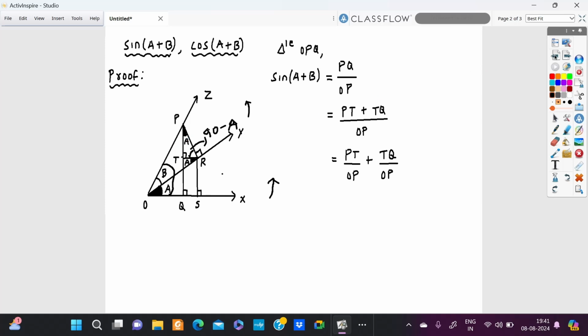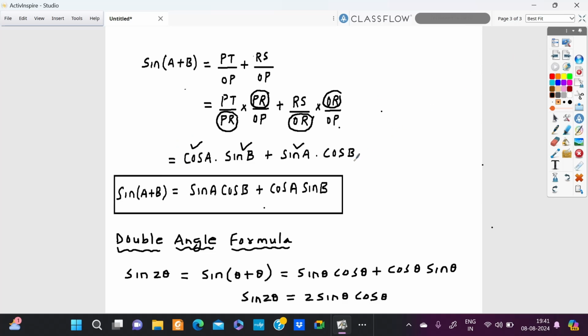Therefore, it is cos B. From which we have the expansion cos A sin B plus sin A cos B, which can also be written as sin A cos B plus cos A sin B. So therefore, sin(A+B) has an expansion which is sin A cos B plus cos A sin B.